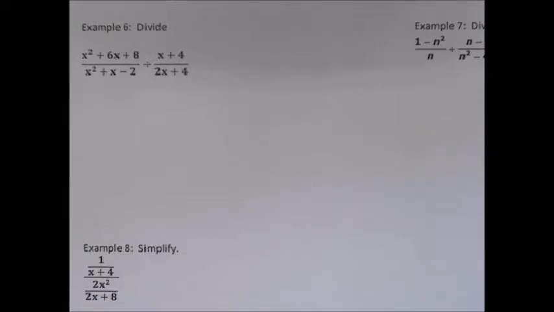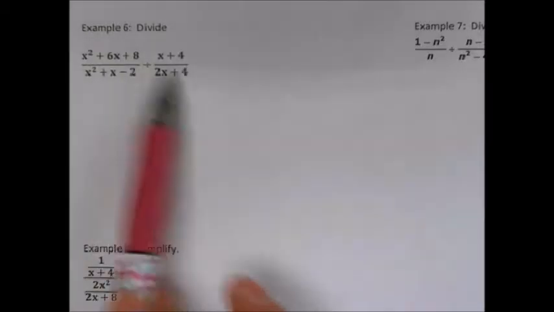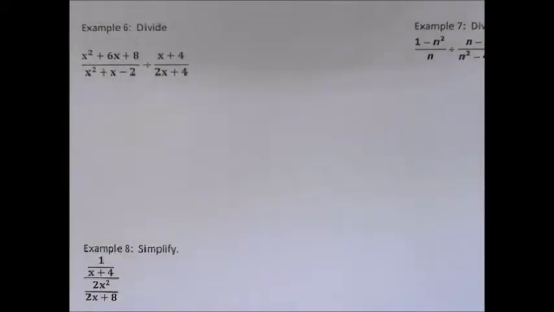For example 6, we're dividing again. So go ahead and do our first step of keep, flip, change, and write that out. So remember, we're keeping the first fraction, flipping the second, changing to multiplication.